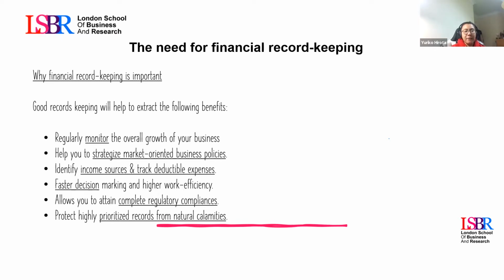Another thing is to identify income sources and track deductible expenses. This is so important because most of the times, if a company is investing or buying some things, they could be expenses that could be useful in terms of taxes. For example, one thing that could be deductible is the salary.